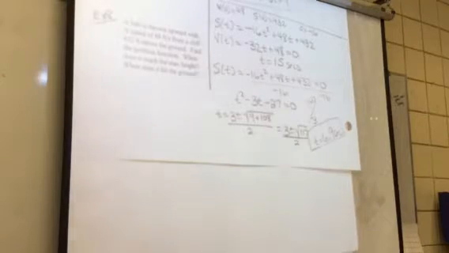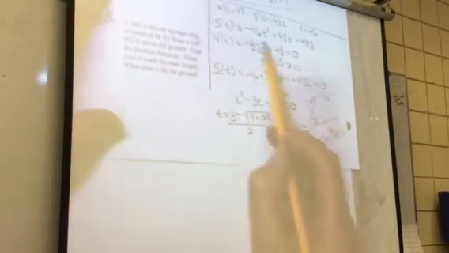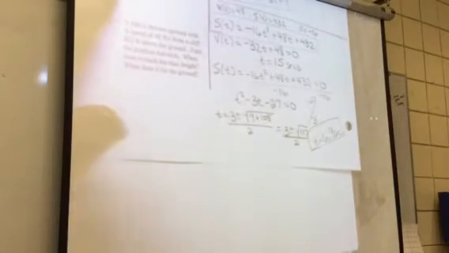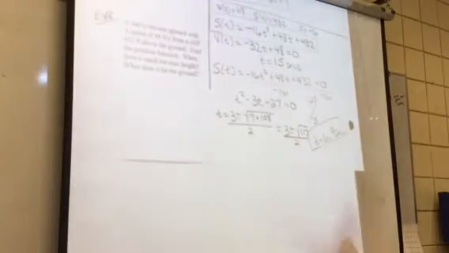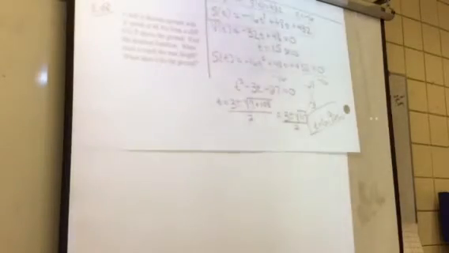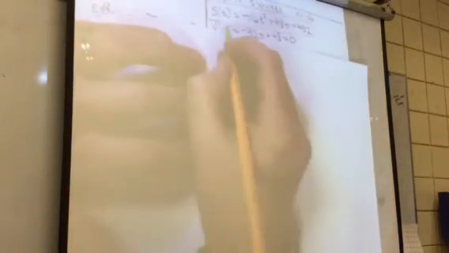So is there anybody who's having trouble remembering this formula? Okay, all right. If you have trouble remembering that formula, do you know that if we're talking about feet, acceleration due to gravity is negative 32? You do know that. So if you know that, you can start out with this.